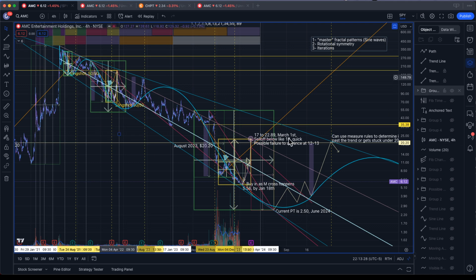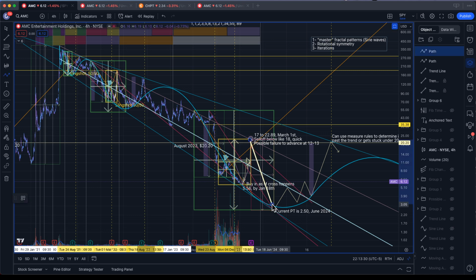So you'll note that this is basically the setup right now, is that we are going to have some kind of a middle structure here, probably over the next 3 to 4 months, maybe a lot faster than that. This middle structure is going to then drive us with some big distribution, if it doesn't hold above 12, back down to 250.